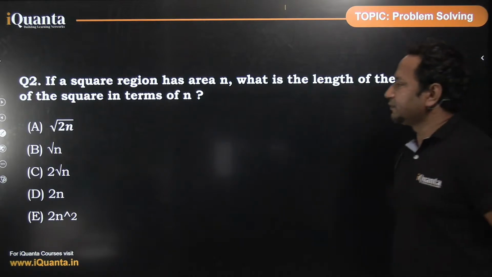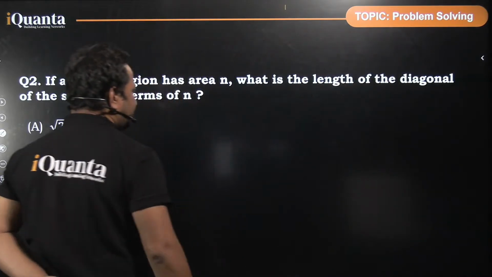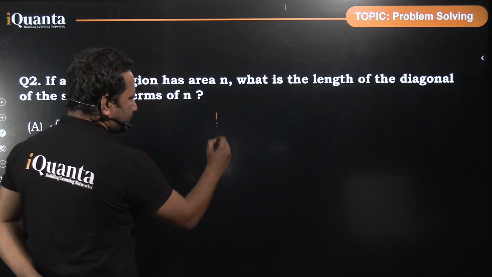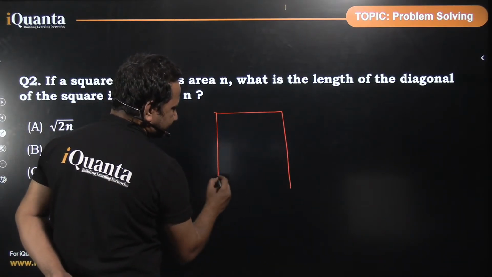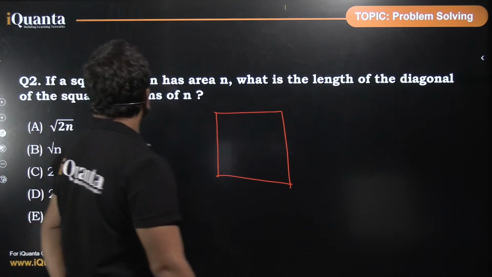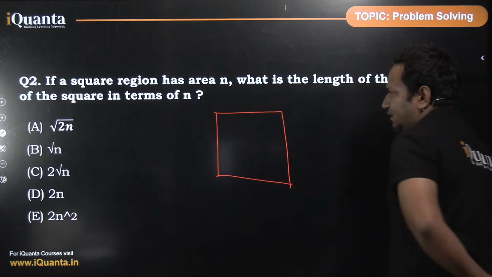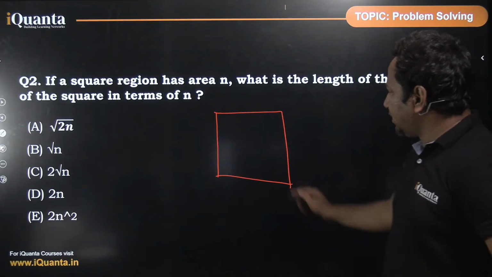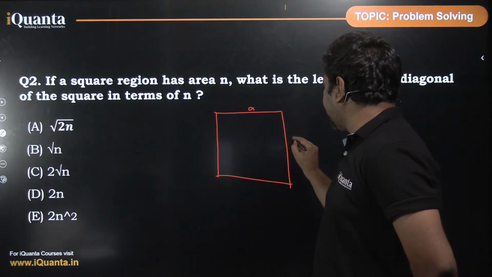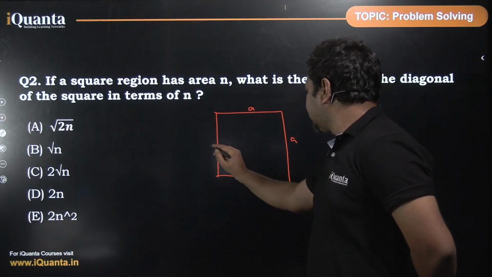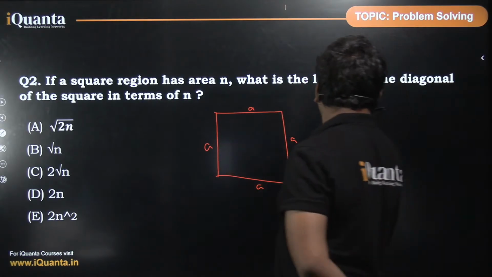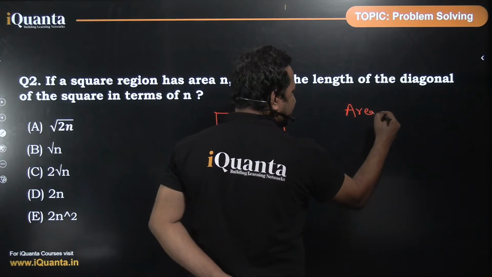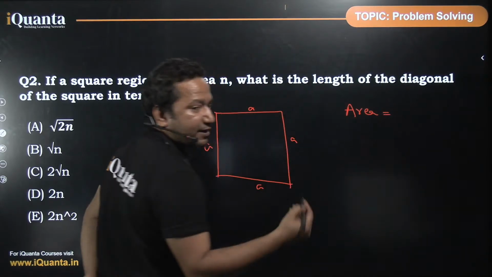Cool. So let us try to find the solution. There is a square region and the area is n. Before solving this, let us assume that the side of the square is a units. All of us know that the area of a square is the square of the length of its side.